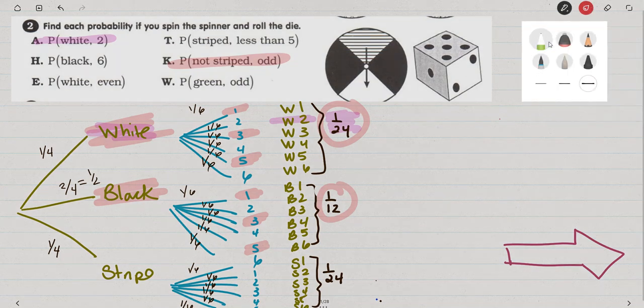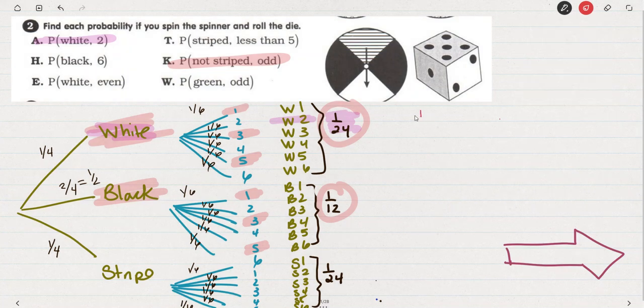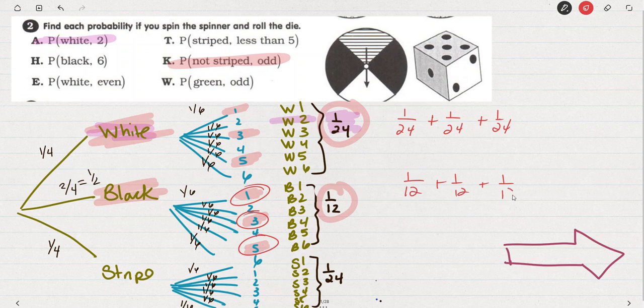But I can see that the total will be 1 in 24, 3 times, and then 1 in 12, 3 times, and we could add these two together to get the total.